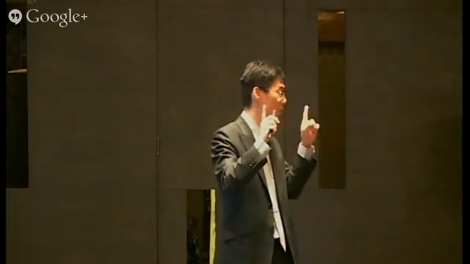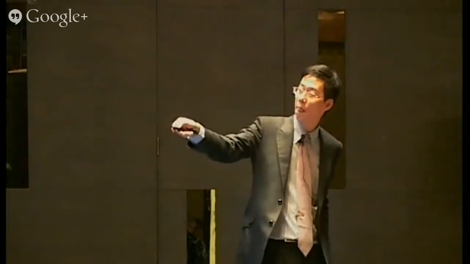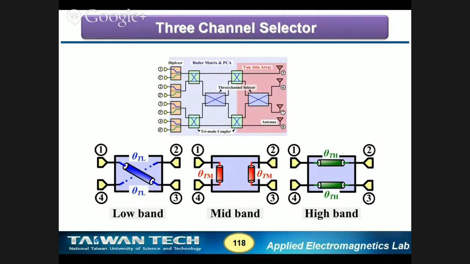And I will introduce in detail how to realize this 3-channel selector. Just think about the conditions we would like to have. In the low band, it should function as a traditional crossover. So we have a 50 ohm line, a 35 ohm line, a 50 ohm line, a 35 ohm line, and we must have our phase delay equal to 90 degrees, right?